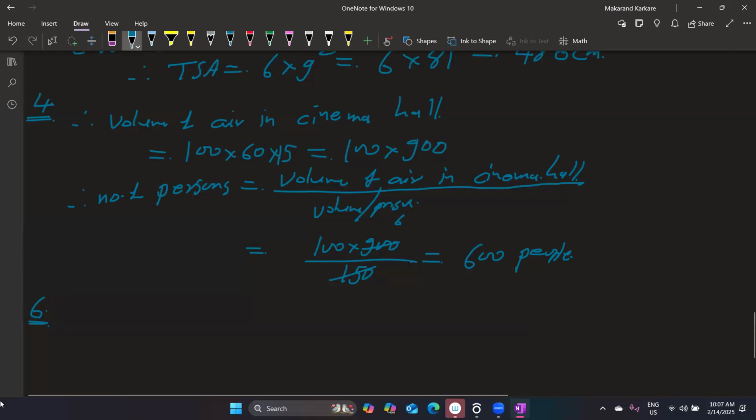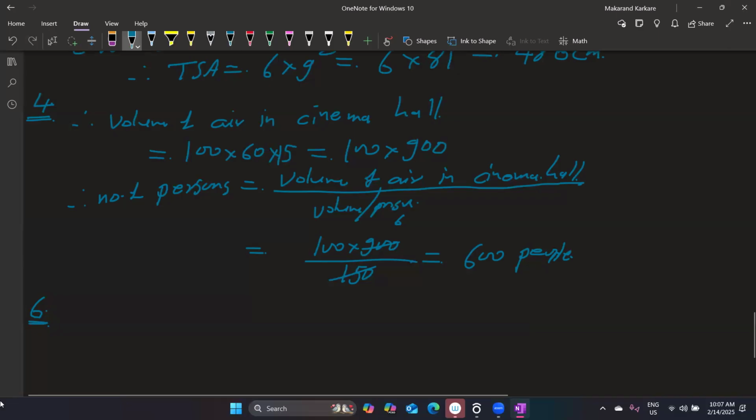Let's move on to 9 and then 11. So let's do 9. So cost of papering the walls.